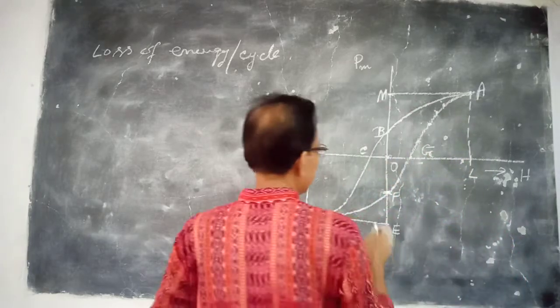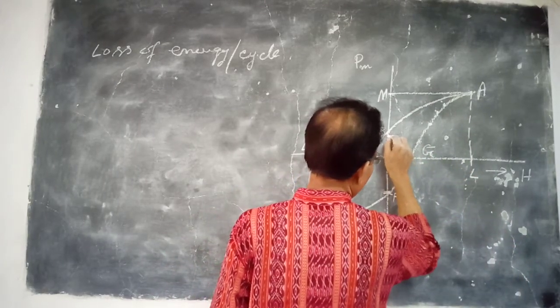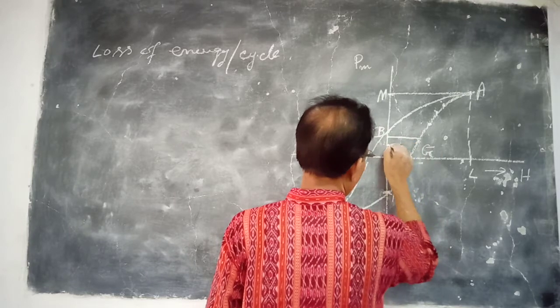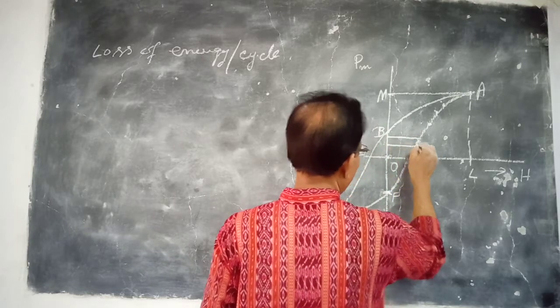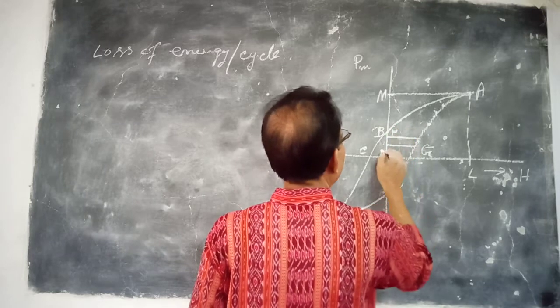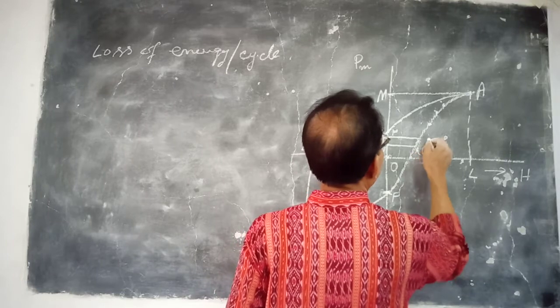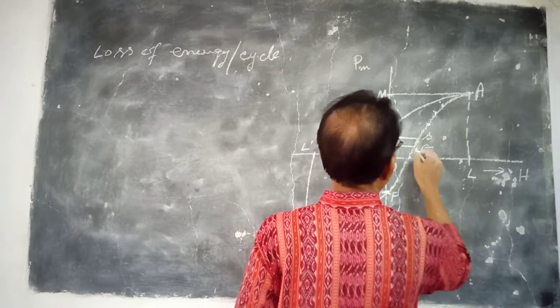Now in this process, if we consider a small rectangular path here, which is your P, Q, R and S.